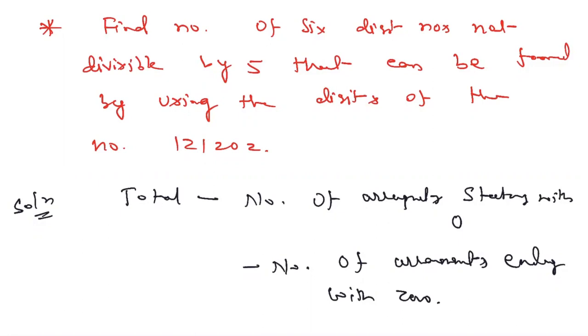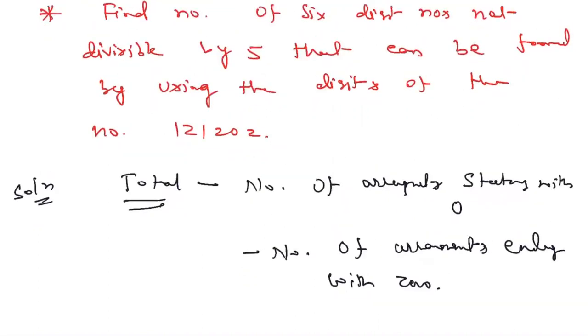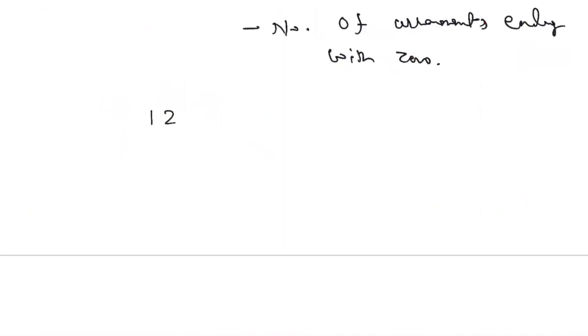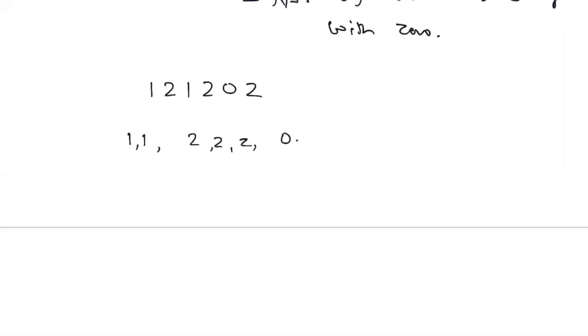So let's see how we can go. Total number of arrangements: the number has 1 four times... actually 1 three times, 2 two times, 0 one time. Factorial 6 by factorial 3 factorial 2 is the total number of arrangements in this case, right? Second, starting with 0.